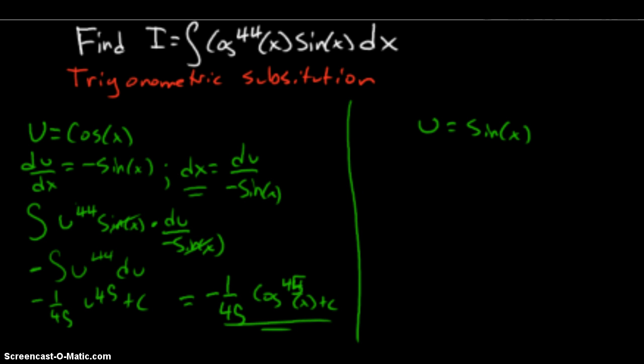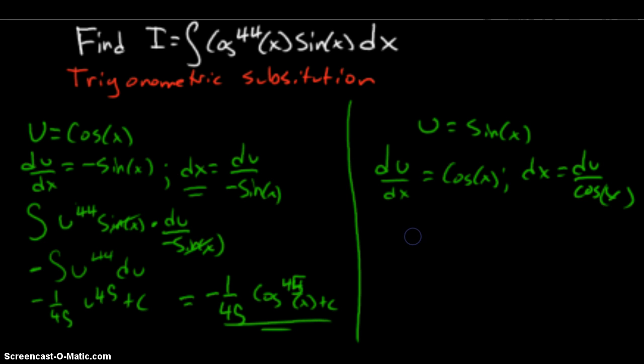With sine, we would do the same thing. So find our du with respect to dx. And that would give us cosine x, implying dx is equal to du over cosine x. Now when we go to plug it back in, we'll see that we get the integral of cosine to the 44x multiplied by u times du over cosine x.